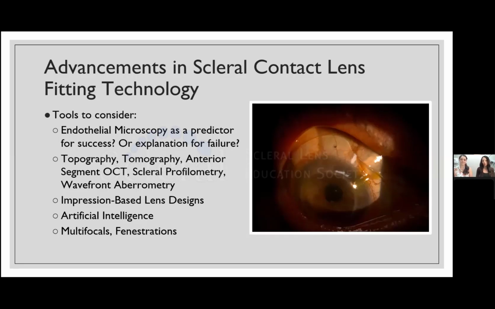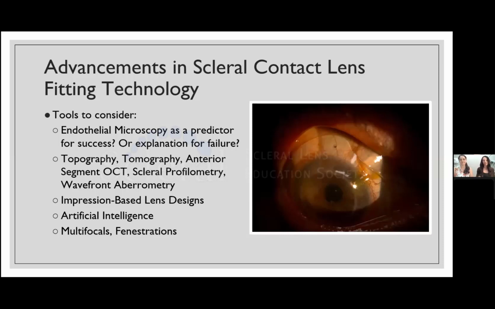We've really moved forward from only diagnostic fitting style into lenses that are designed based on impressions, scans, and we're even entering the era of artificial intelligence, which is very scary but exciting. AI absolutely is something that touches almost everything that we do in the future.